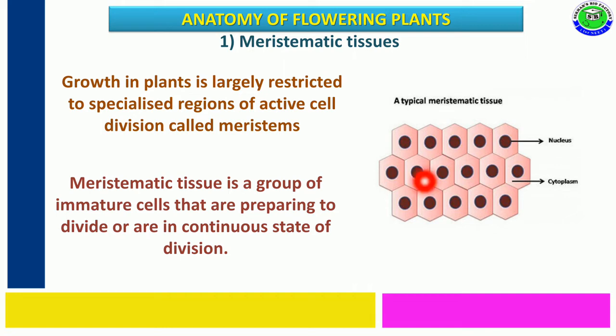Each meristematic tissue consists of a thin cell wall, dense cytoplasm and prominent nucleus, and the cells are arranged without intercellular spaces. These are called meristematic cells. They become meristematic tissue.